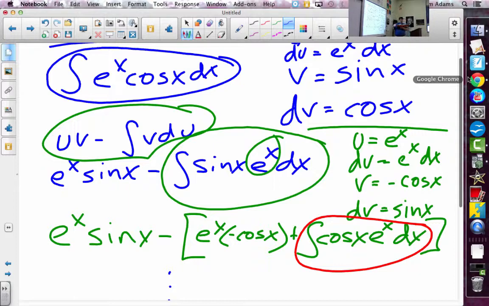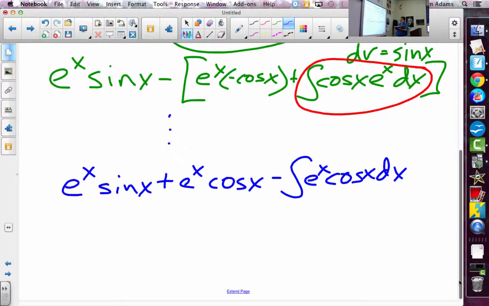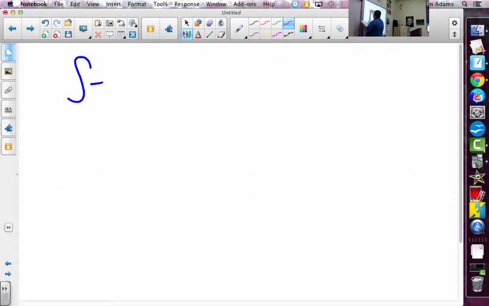Does that make sense? Could you just go back down real quick? Thank you. So basically you get it back to what the original integral was. So let me start fresh, and write it like this so you can see it a little more clearly.